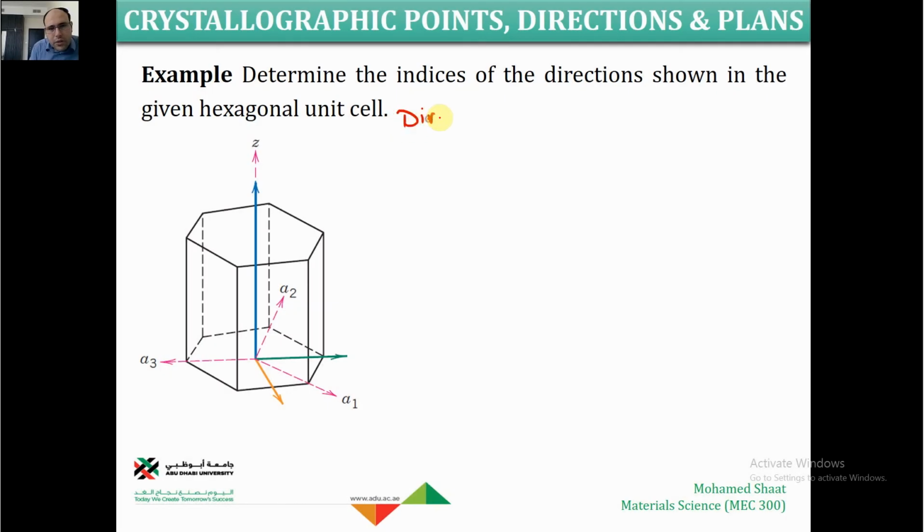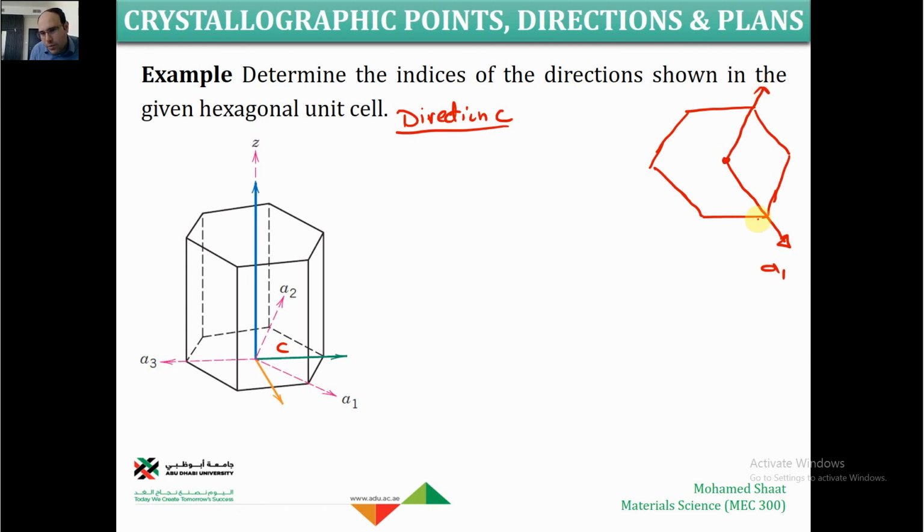So for direction C, your objective, as I mentioned, is just to draw the hexagonal base. Your drawing does not have to be perfect, just represent the A1 and A2.